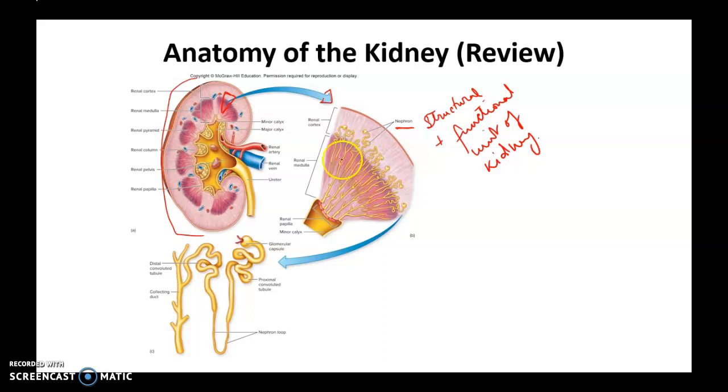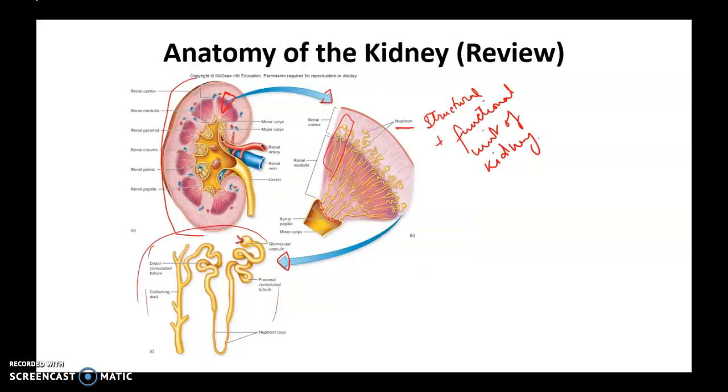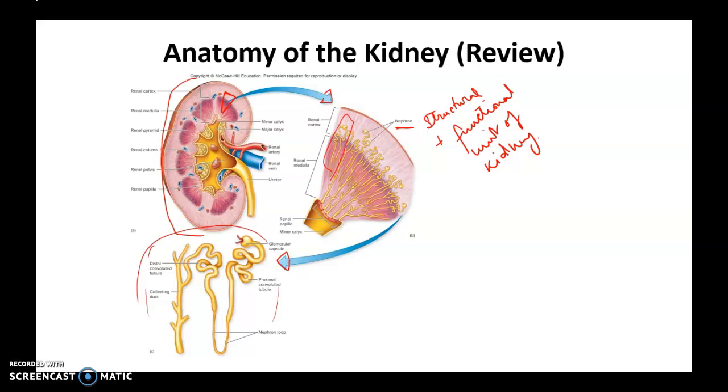If you zoom into each nephron and blow it up, you do see a nephron at the bottom. So this is a nephron, and a nephron has a few parts. Let's talk about that here. If you look into this picture, I'll use a different color. Here at the bottom, we are looking at a nephron.